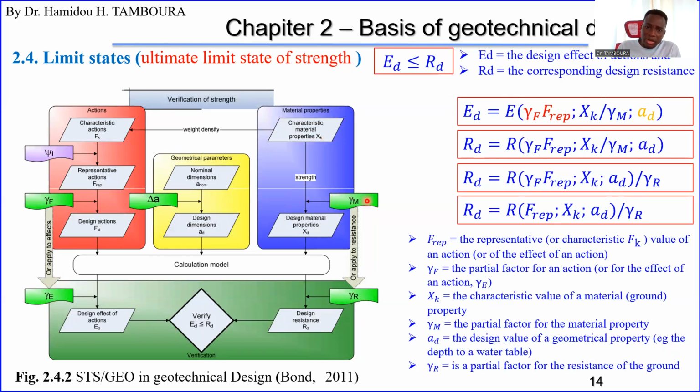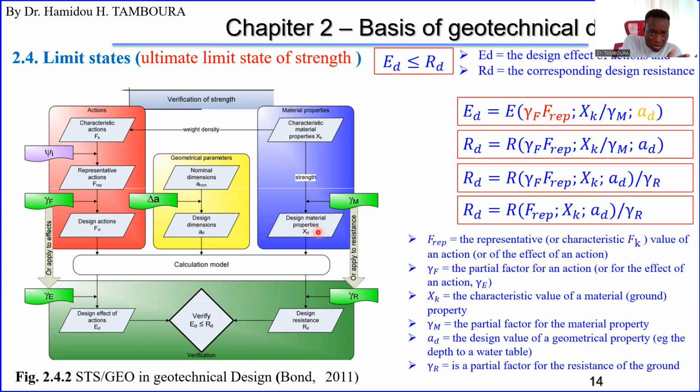Then you apply this gamma M here. So this blue part, Xk divided by gamma M, will give you the design material property. It means that you take the material property and apply just a safety factor, that's all. That is the meaning of design material property.